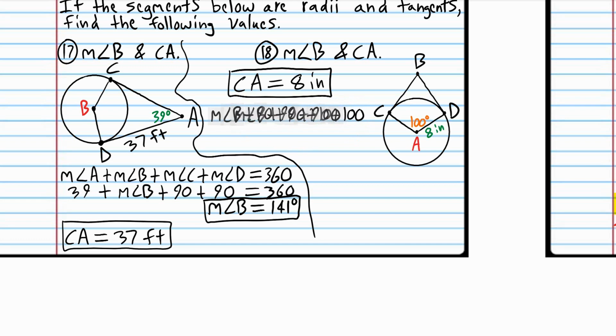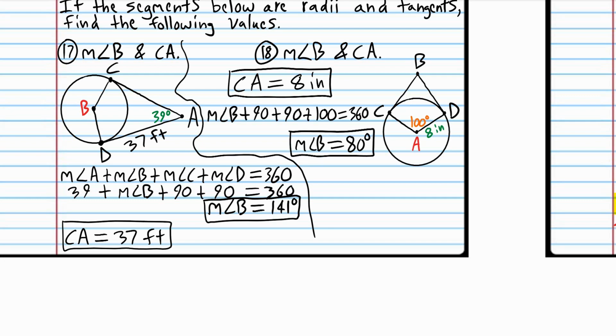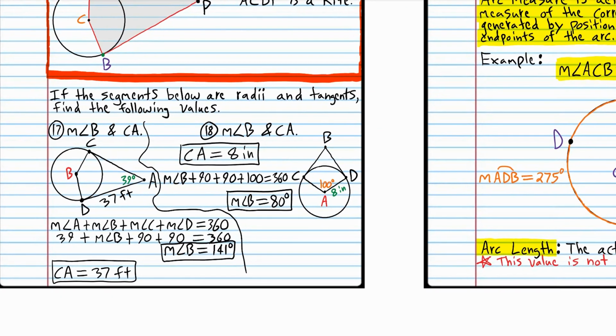Add all those up, and we get 360. And let's see, it looks like it would be 80 degrees. If you do the math on that, the measure of angle B is 80 degrees. And I think that's it for that problem.